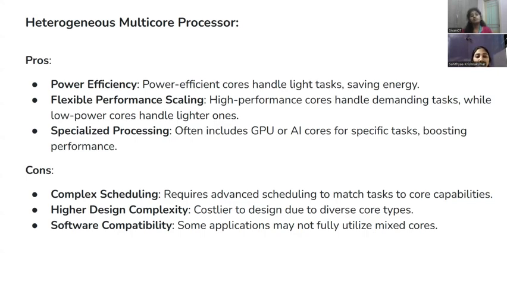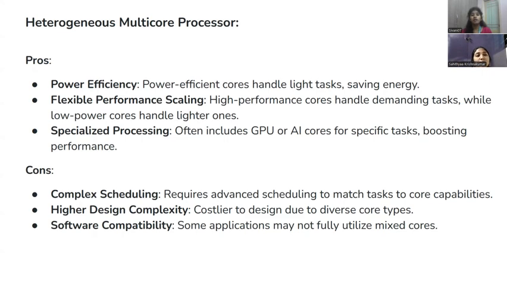And in flexibility of performance scaling, high performance cores handle the demanding tasks, while low power cores handle lighter ones. And in specialized processing, it often includes GPU or AI cores for specific tasks, boosting performance. The benefit is that this flexibility ensures the resources are used optimally, providing high performance when needed without wasting energy on tasks that do not require it.